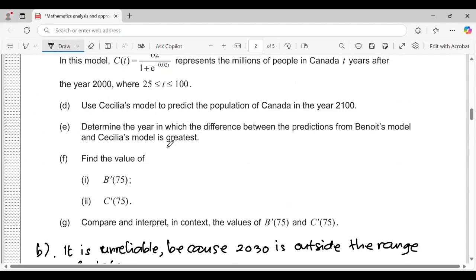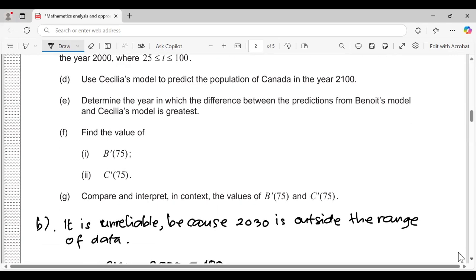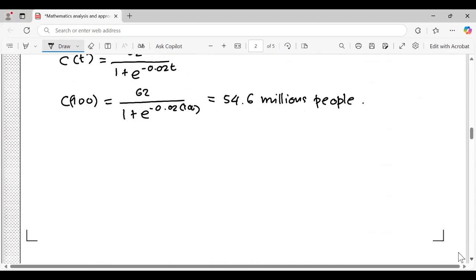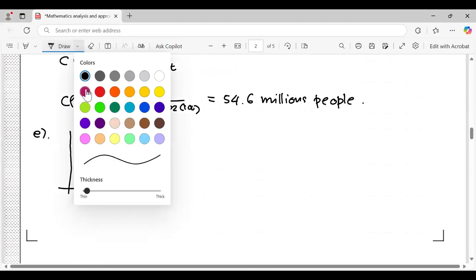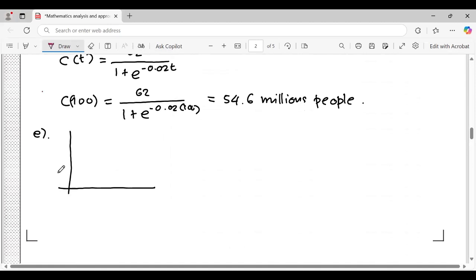Determine the year in which the difference between the predictions from Benoit's model and Cecilia's model is greatest. My strategy is to sketch the graphs. I have sketched Cecilia's model graph and Benoit's graph.